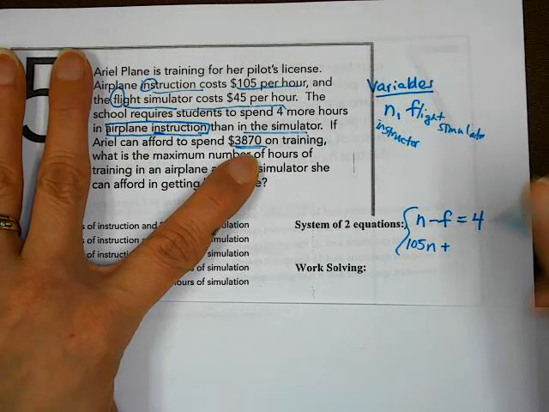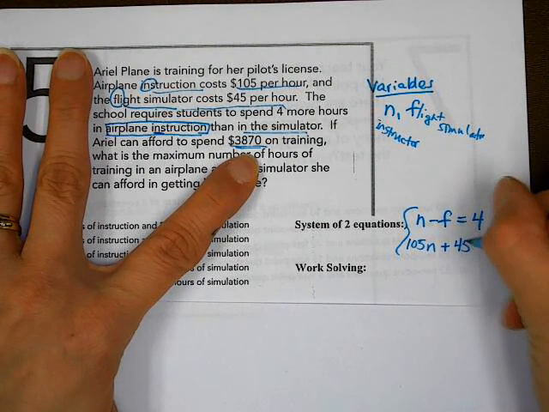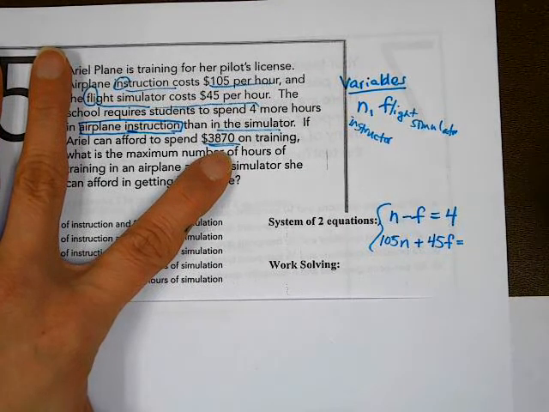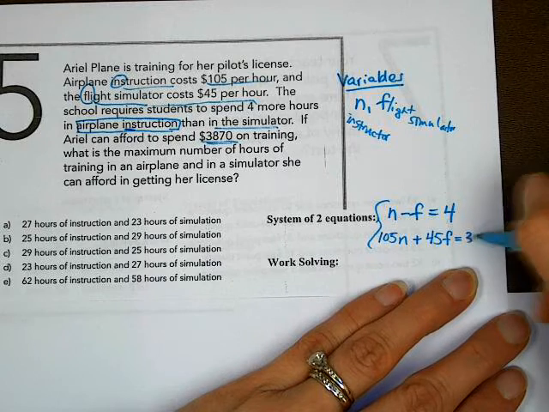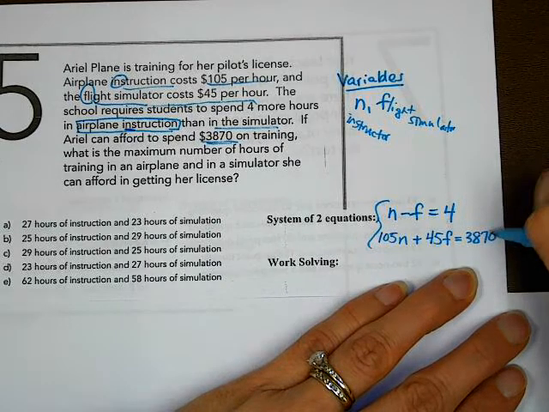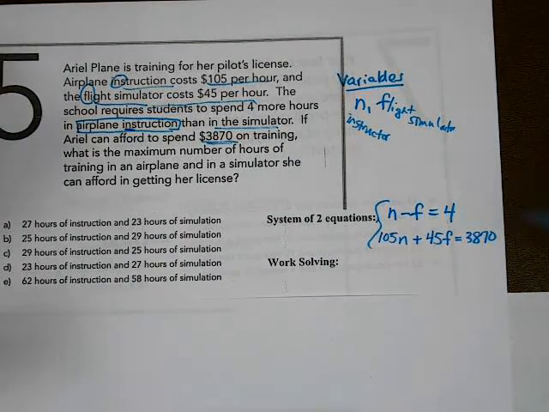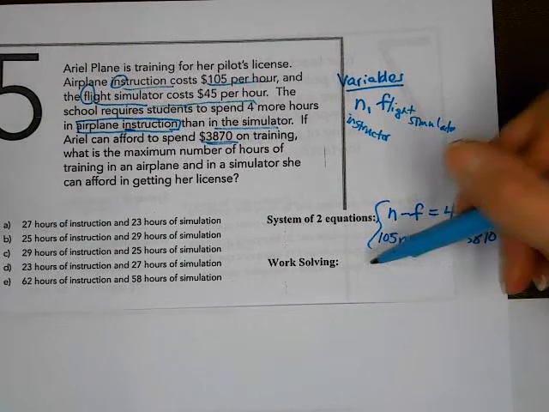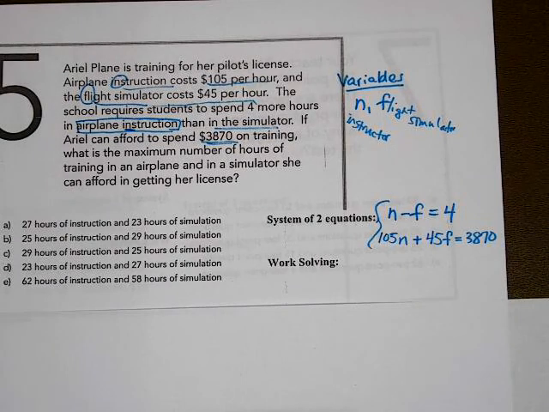That costs 45, so 45 for the flight simulator, and that total has to be $3,870. So one of the equations is for the number of hours, and one of them is for the dollars.